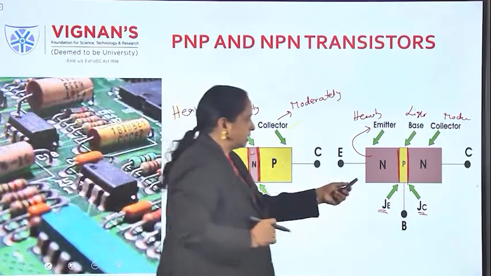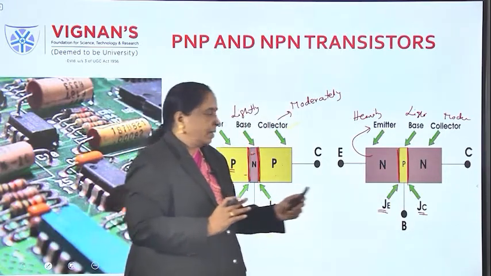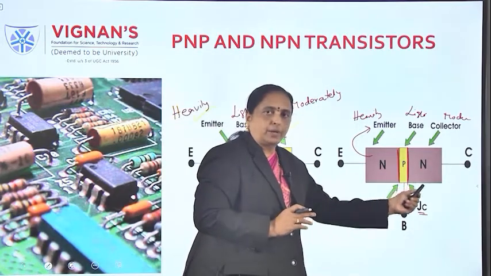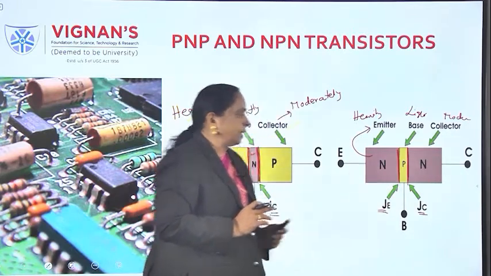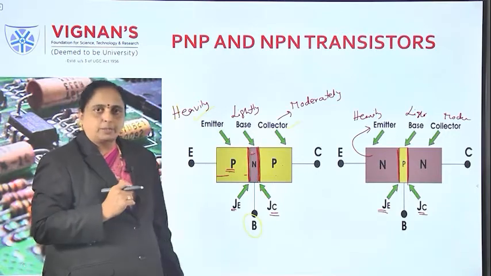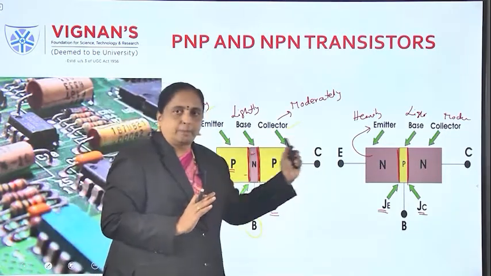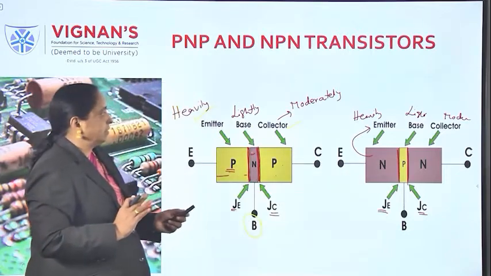Similarly in NPN transistor also the area of the collector must be very large, the base very thin compared to emitter and collector, and emitter is more than base space but less than collector space. So this is about the construction of PNP and NPN transistors.